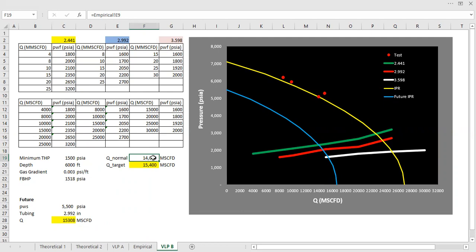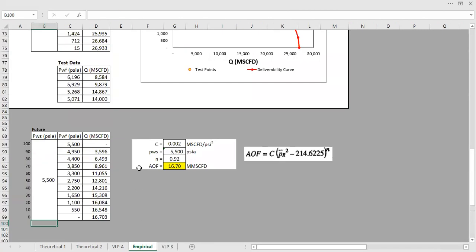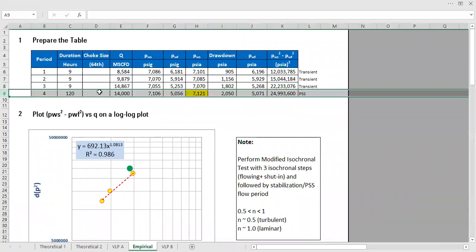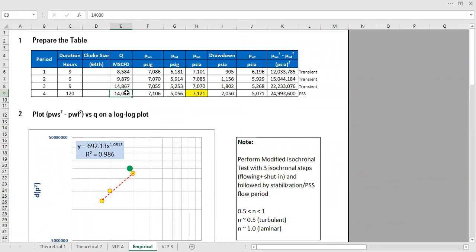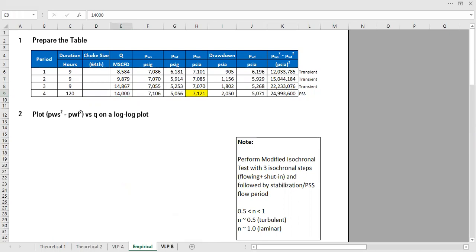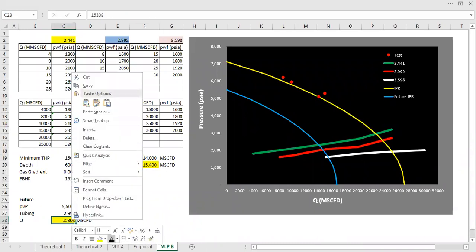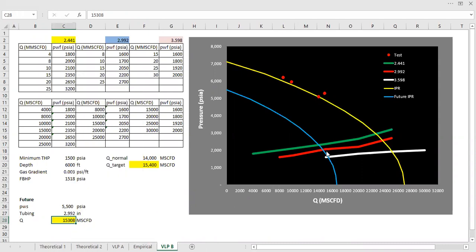So I get this 14,000 MSCFD from this PSS flow. I assume that to be our normal flowing period. So if you want 10% increase, so it should be 15,400. All right, so that will be the justification of what tubing we will use for the production increase.